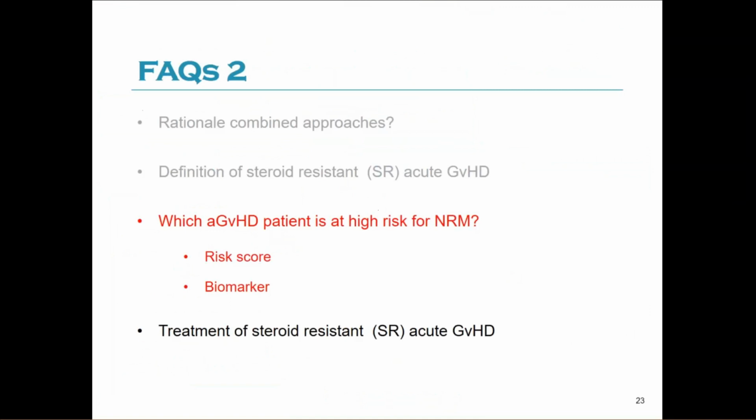So which acute GVHD patient is at high risk for non-relapse mortality? This question could be better answered if we look at the newly approached risk scores and the application of biomarkers.